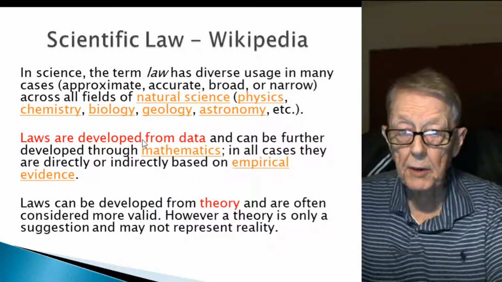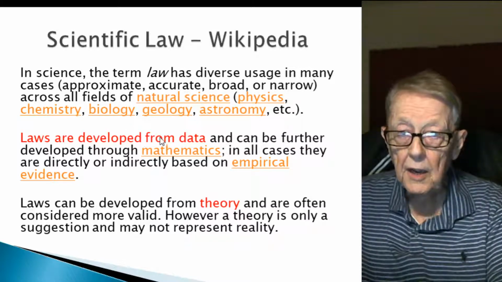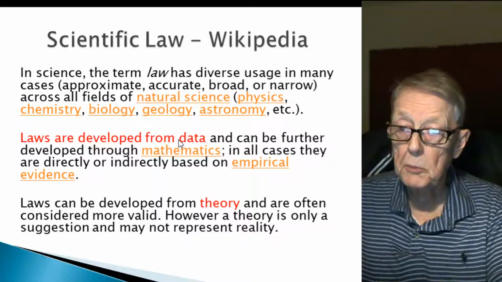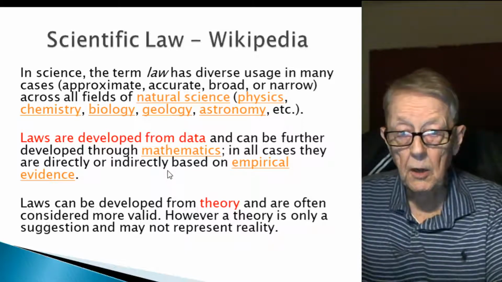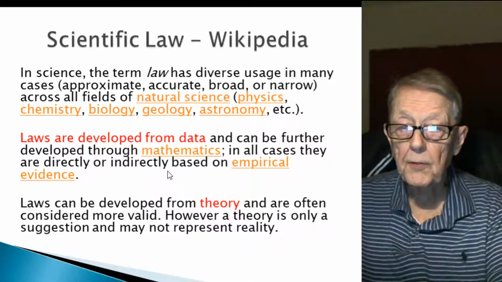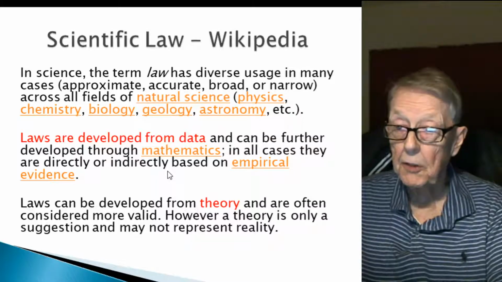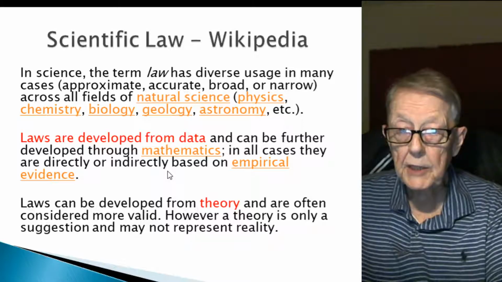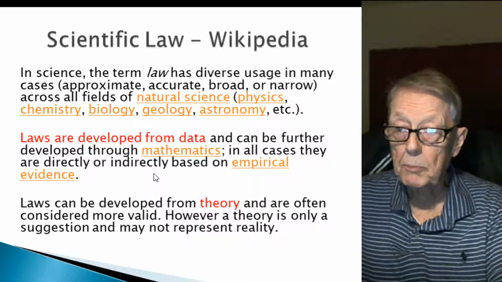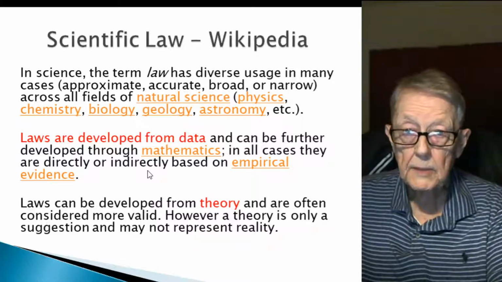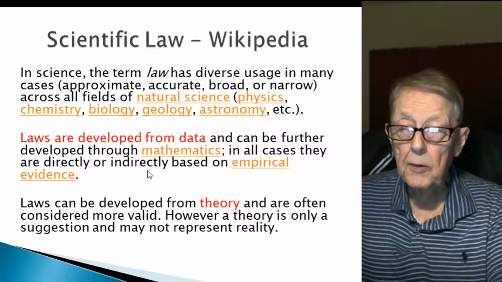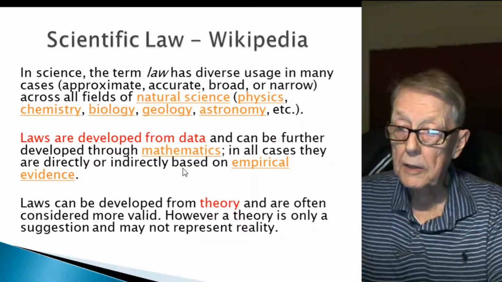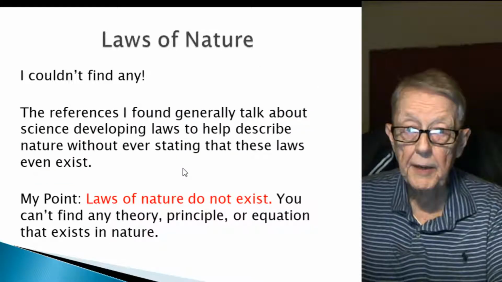That is, empirical evidence is data, information gathered from data, experiments, measurements, observations. Laws can be developed from a theory and are often considered more valid because there's a theory behind them. However, a theory is only a suggestion and may not represent reality. So many of our equations that are very useful are empirical equations, including Newton's equation for gravity.